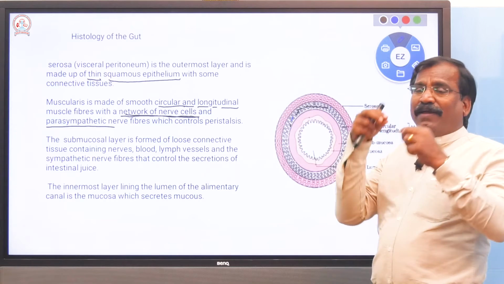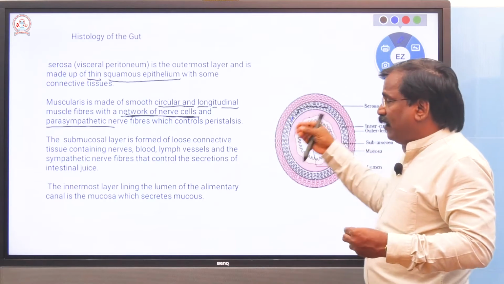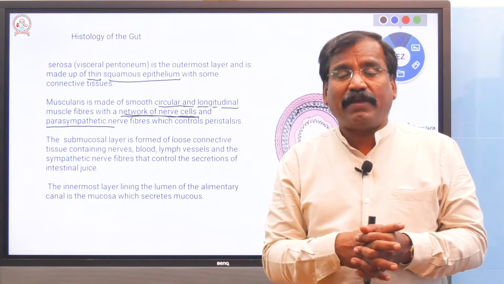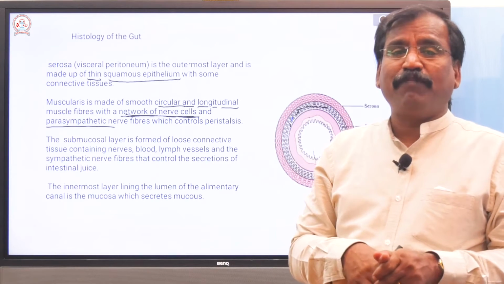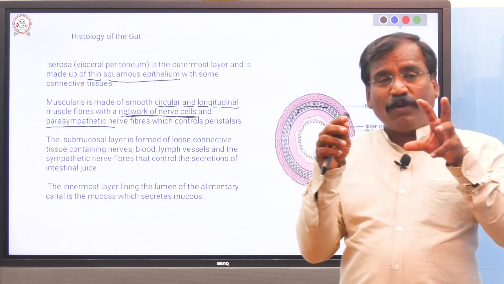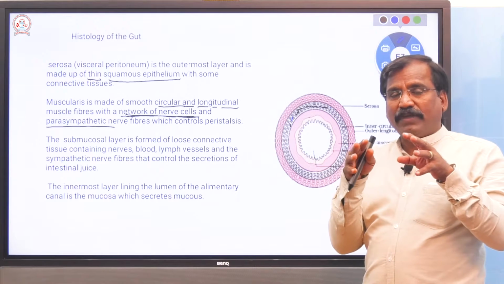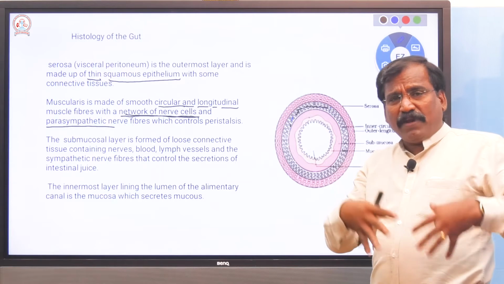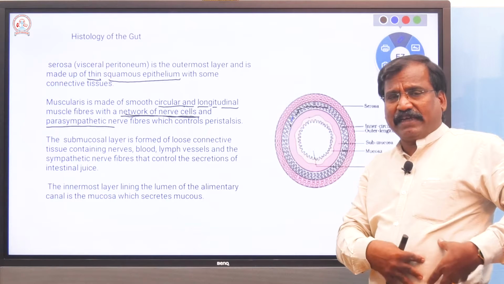That muscle is supplied with nerve cells, sympathetic and parasympathetic nerves. It is autonomous, involuntary in action.